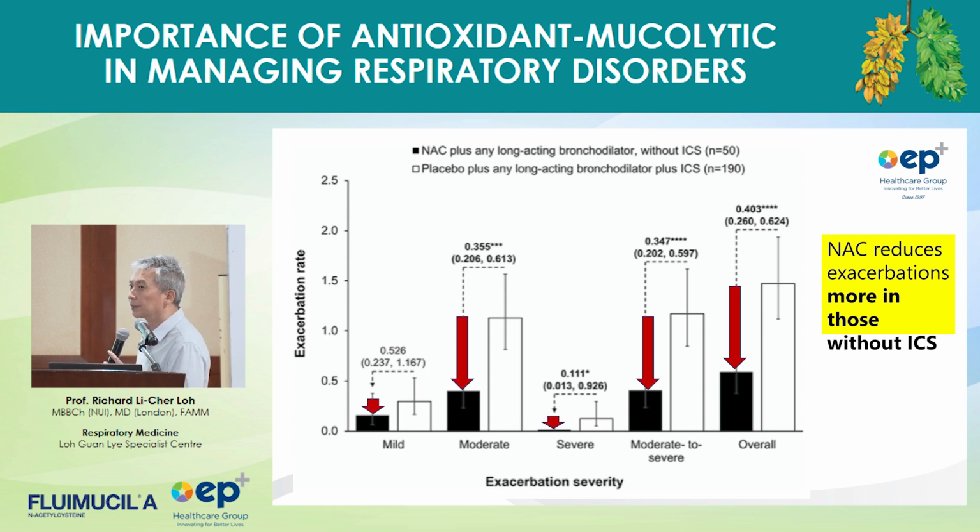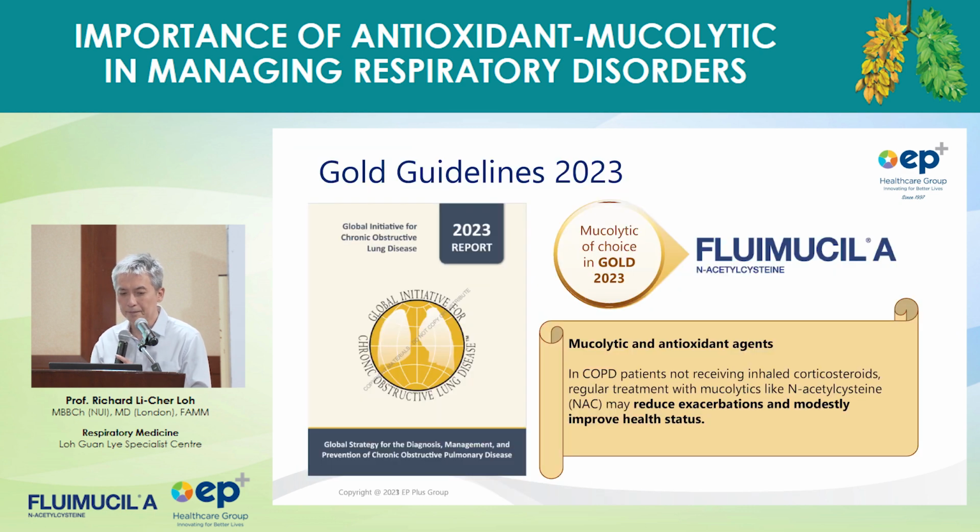So not all COPD will be treated with ICS, but for those who are not treated with ICS, they seem to benefit more with Flumasil. This is the study showing it. And there's also another data which shows that if you are a smoker, either current or ex-smoker, you benefit more as well with Flumasil. But I don't have the slide here.